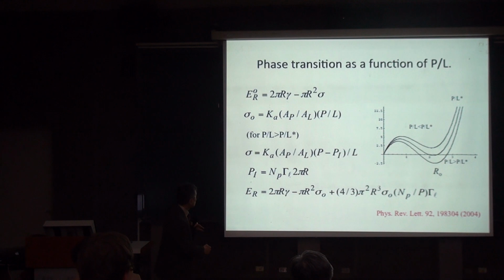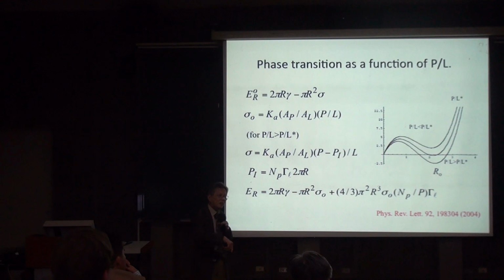Right? So you bring this back to here with a radius R, and you create a cubic term. And this cubic term is positive, so it turns the curve around. And it's a classic Landau free energy for a first order phase transition. So these antibiotics work by a phase transition.